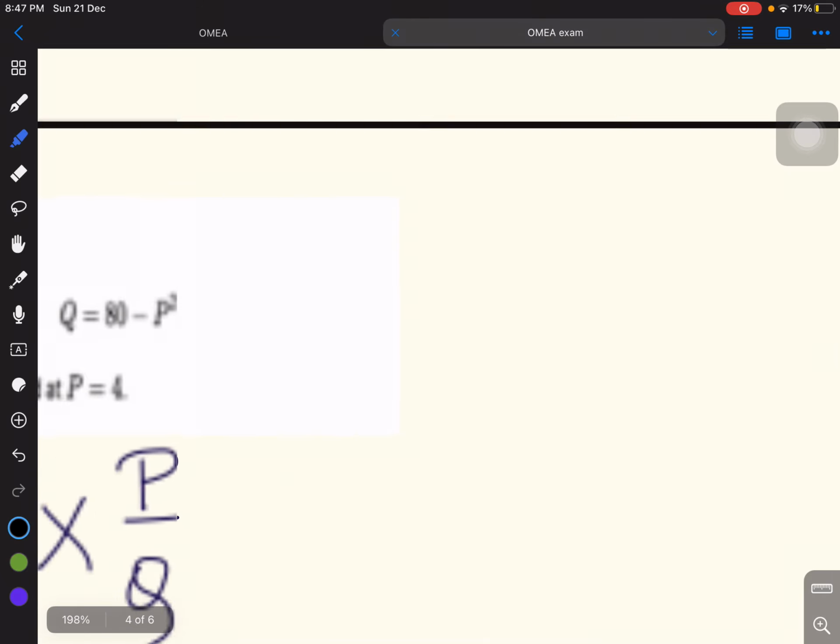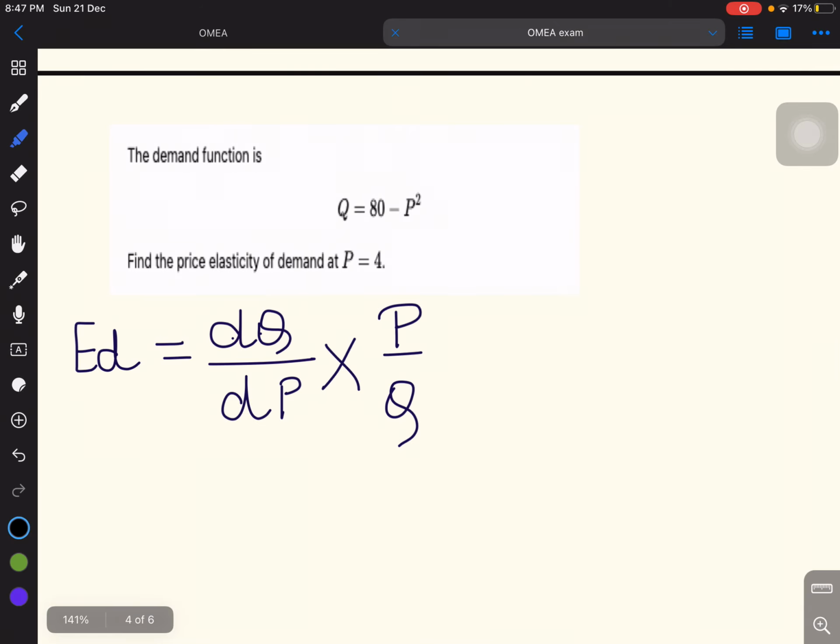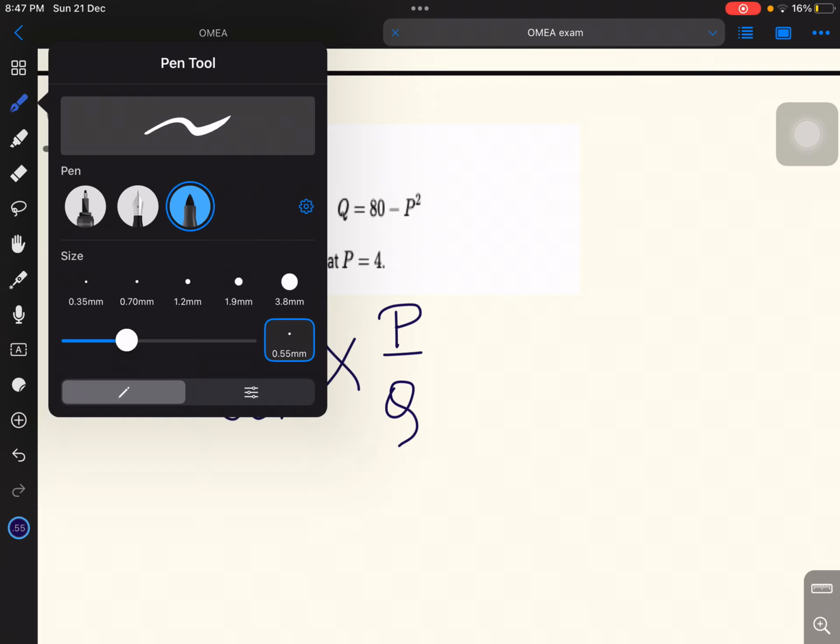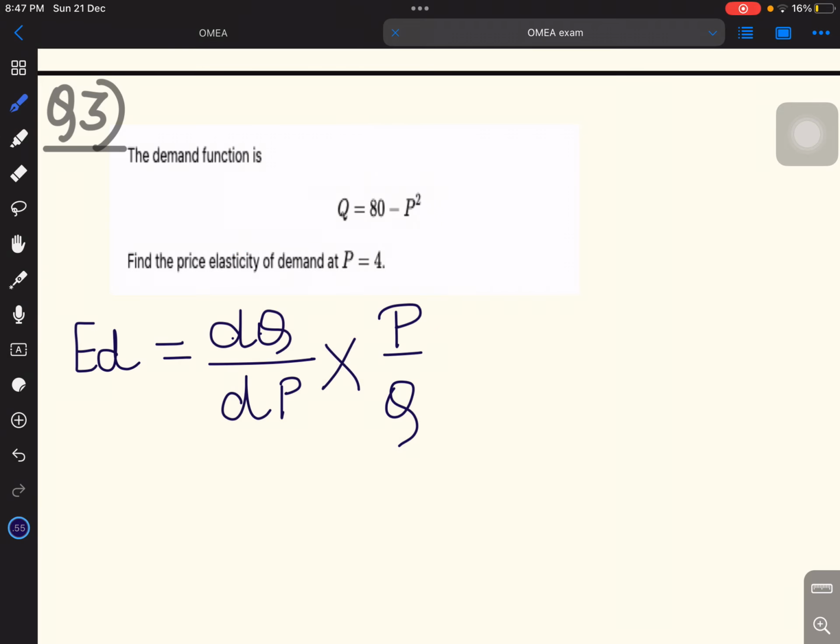Let's look at the third example, question number 3. The demand function is given as q is equal to 80 minus p square. You need to find the price elasticity of demand at p is equal to 4. Now this is an application of microeconomics, by using the formula ED is equal to dq by dp into p by q. dq by dp is nothing but the differentiation of q with respect to p.